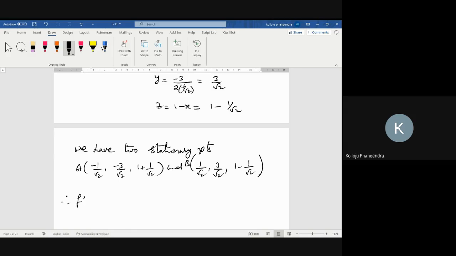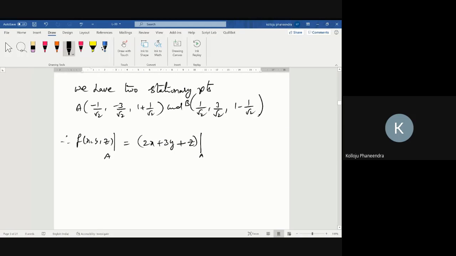Therefore, f of x, y, z. What is the function f of x, y, z? 2x plus 3y plus z. This one at A, point A. Substitute this value. This is equal to 2 into x value, minus 2 by root 2. y value, this is 3 into minus 3 by root 2.